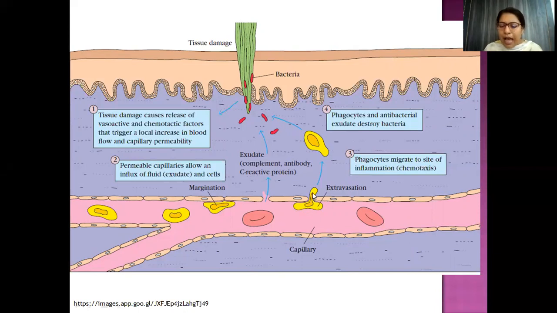It is moving outside this capillary. This process is known as squeezing out, or the movement is diapedesis. Now the macrophages come to this area and attack the bacteria through phagocytosis and antibacterial exudate, and destroy the bacteria.